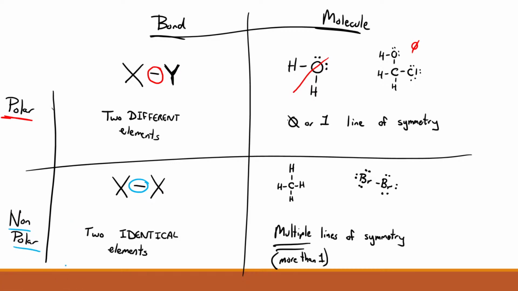So for CH4, you can put the vertical, horizontal, and either diagonal. For something like Br2, you can get the vertical and the horizontal. Not really a diagonal option here. But anything that has multiple lines of symmetry is a nonpolar molecule.